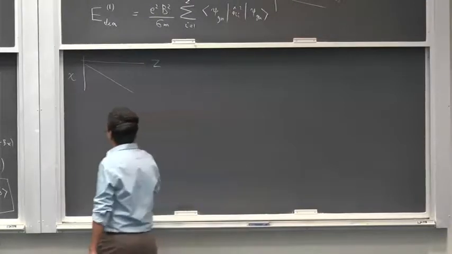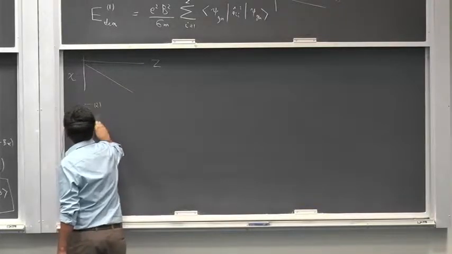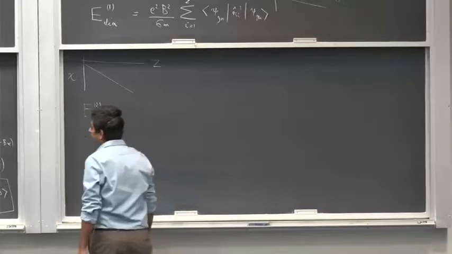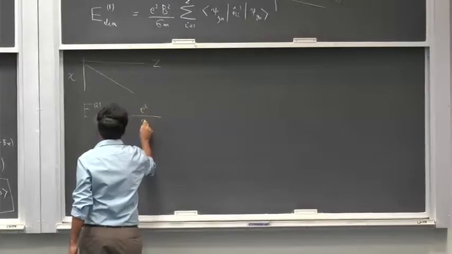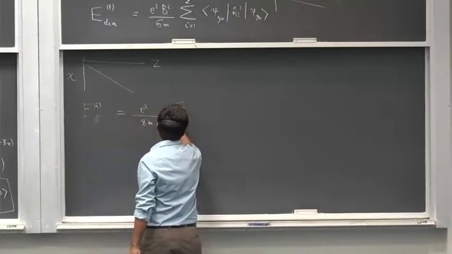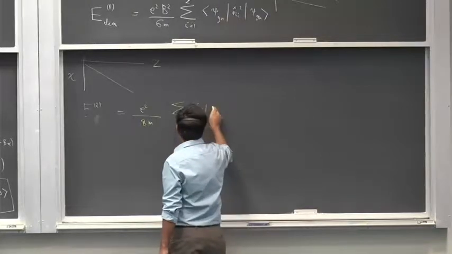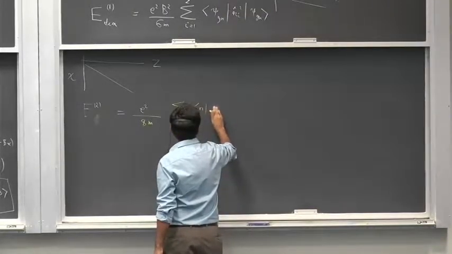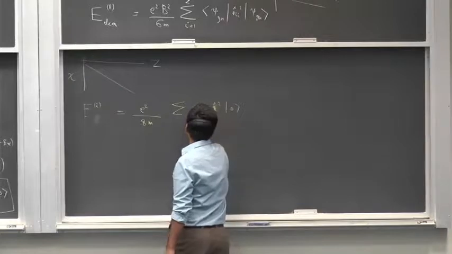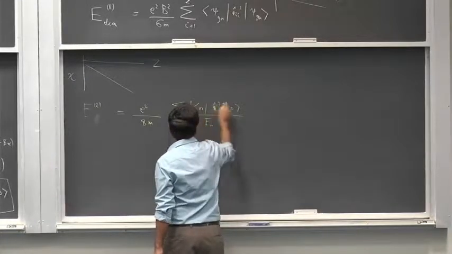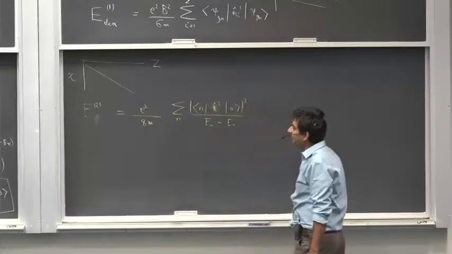So if I were to write down the expression for the second order term, this would become, by second order perturbation theory, e square over 8m, sum over the nth state, a state above the excited state, modulus square of n r square ground state, over En minus E naught, where I sum up over all the excited states. This is a second order perturbation term.